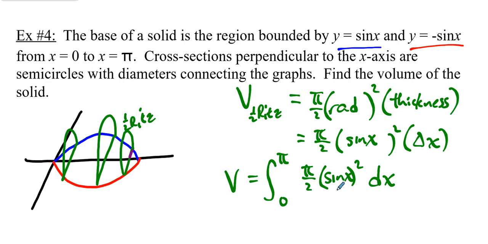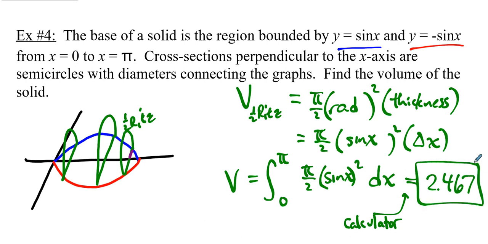Now, we have not yet studied how to do this integral by hand, and so we use technology to figure out that this is approximately 2.467. And in my course, because I am a long-time trained AP instructor, we do everything to 3 decimal places.